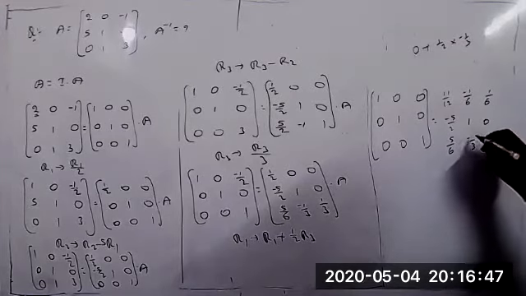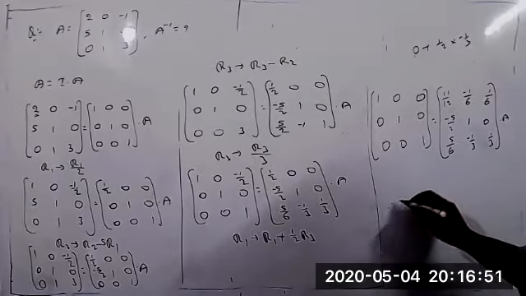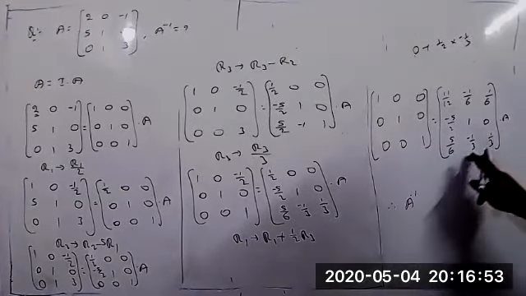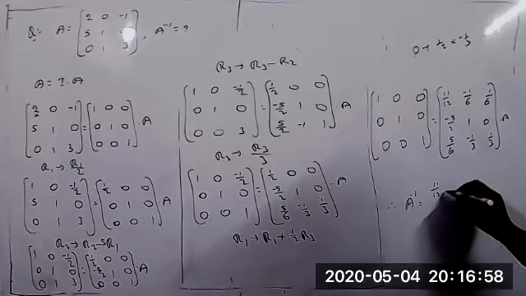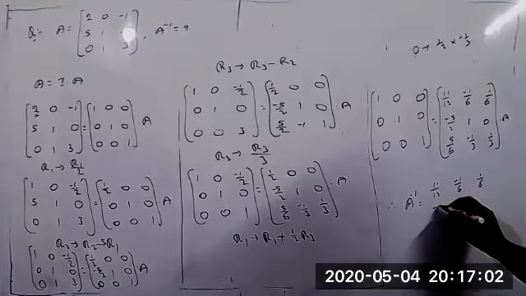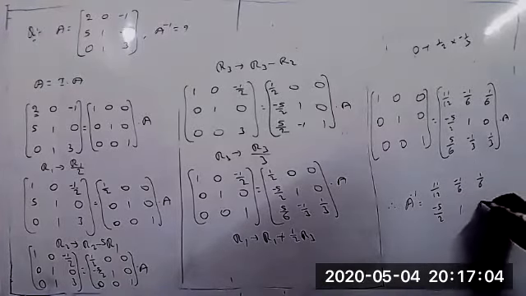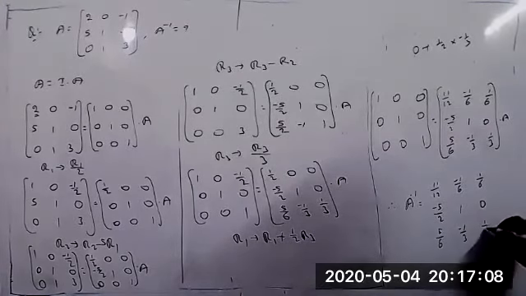Now 1 by 3 into A. Therefore, A inverse equal to how much? This is A into A inverse equal to I now. Therefore, A inverse equal to 11 by 12, minus 1 by 6, plus 1 by 6, and minus 5 by 2, 1, 0, and 5 by 6, minus 1 by 3 and plus 1 by 3.